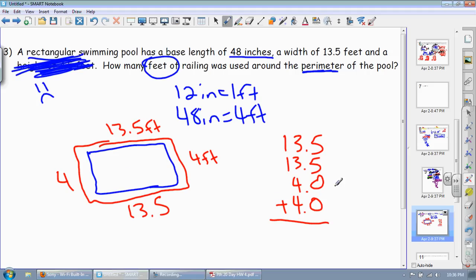So I'm going to do it like this. Deal with it. So we got 4, 7, 11, 15. So you get 35 feet. I think that's right. 26, 27. Yeah, 35 feet. There is your perimeter of the pool.